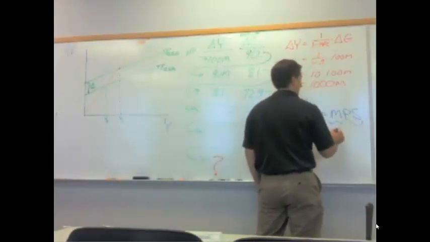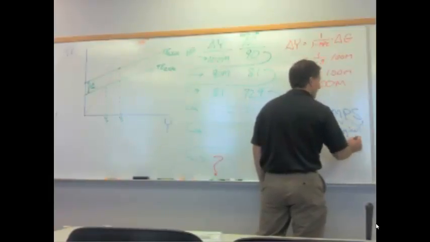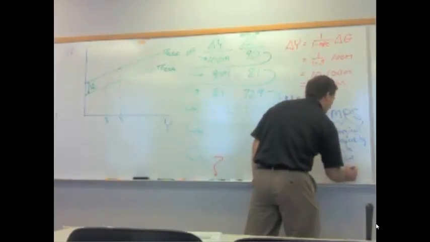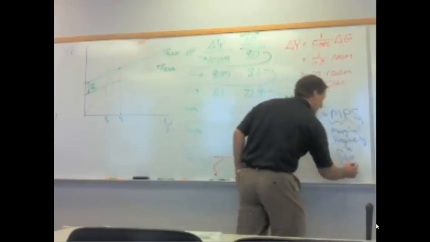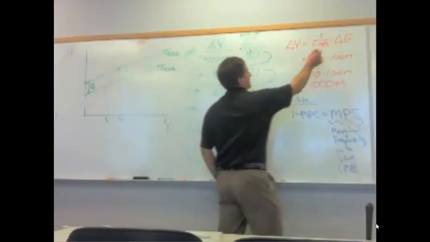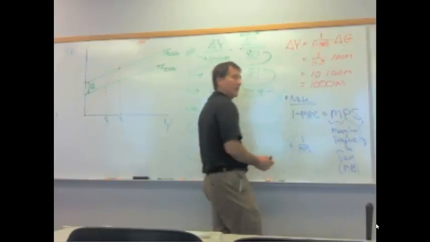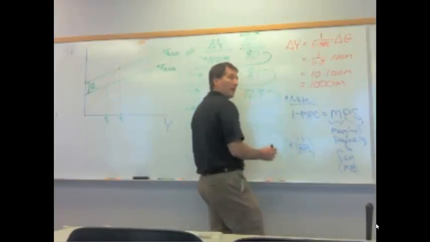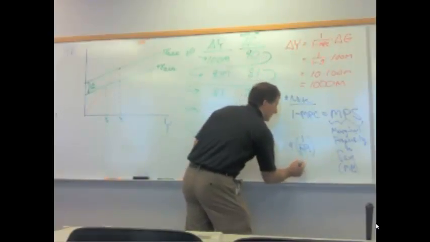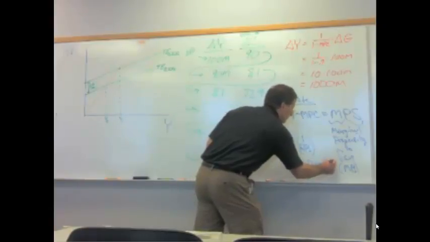The MPS. So you could just say 1 over the MPS is the multiplier. So when we talk about the spending multiplier, that's it, whatever that number is. This is the spending multiplier.